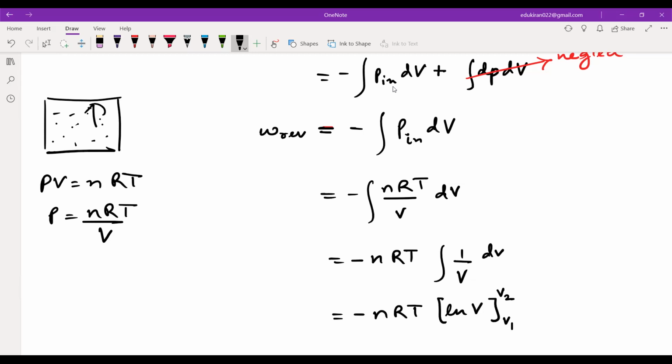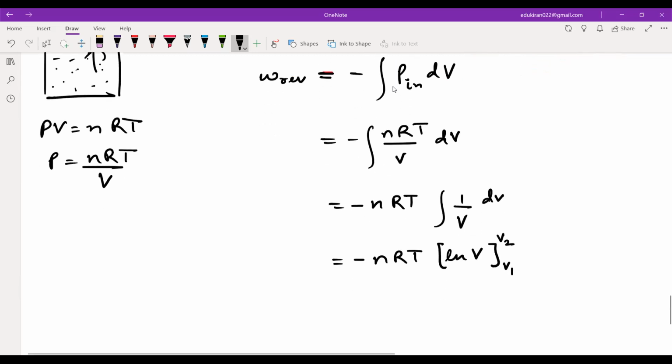Then you can write it as minus nRT times ln V2 minus ln V1.